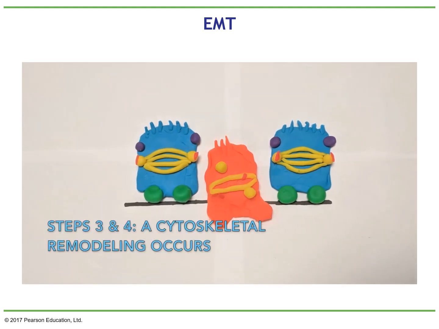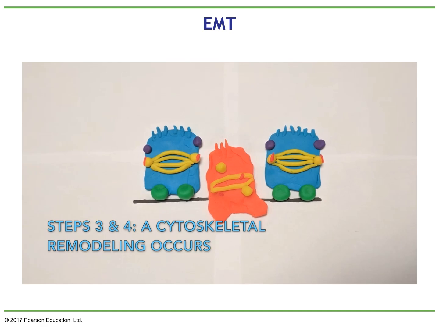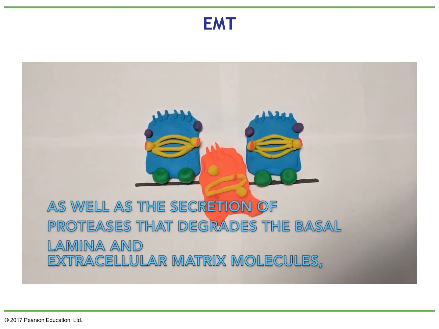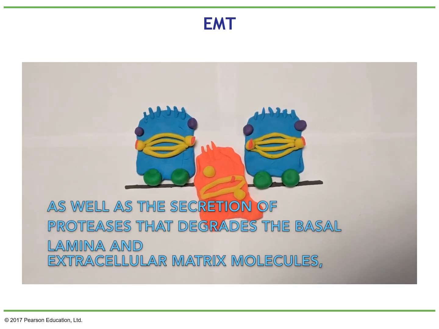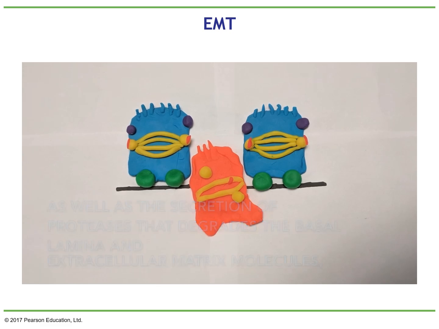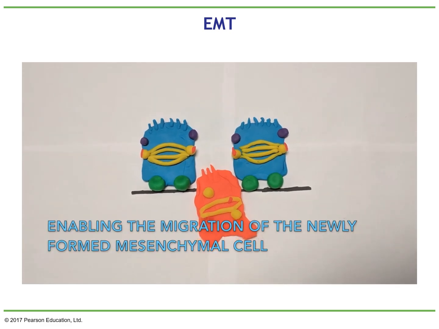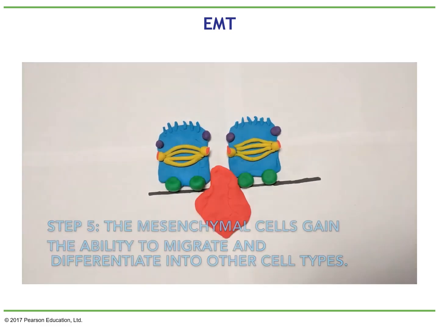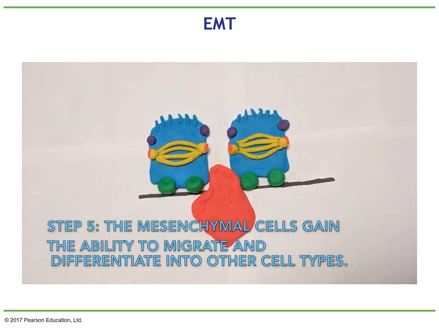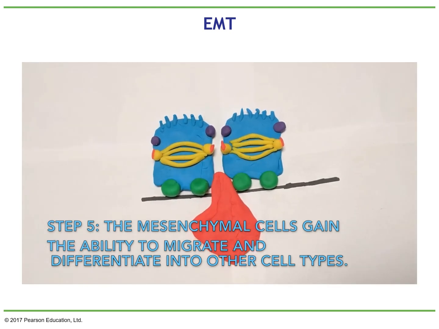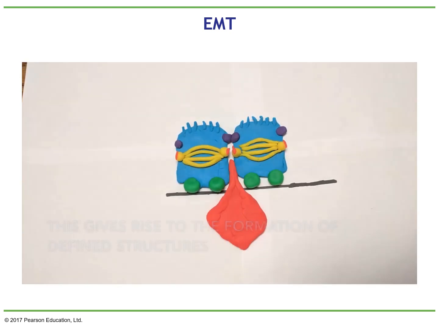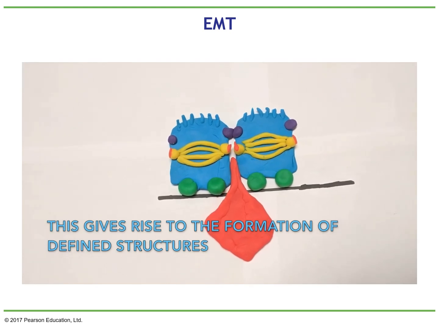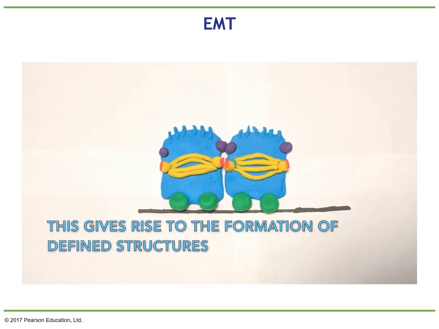In steps 3 and 4, cytoskeletal remodeling occurs, as well as the secretion of proteases that degrade the basal lamina and extracellular matrix molecules, enabling the migration of the newly formed mesenchymal cell. And finally, in step 5, the mesenchymal cell gains the ability to migrate and differentiate into other cell types. This gives rise to the formation of defined structures, such as the neural crest.